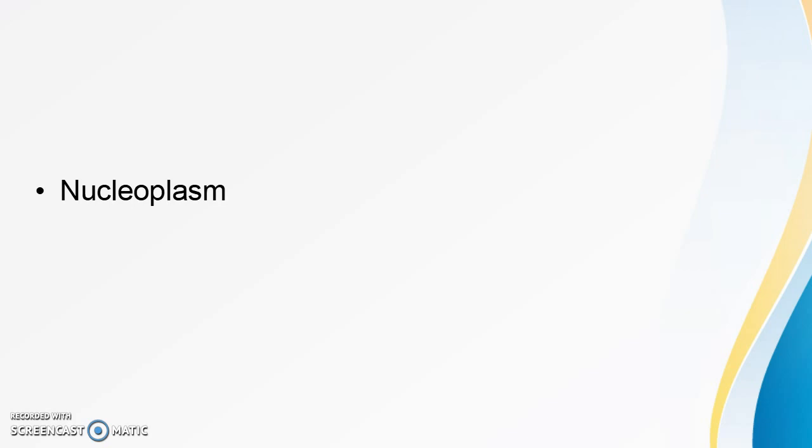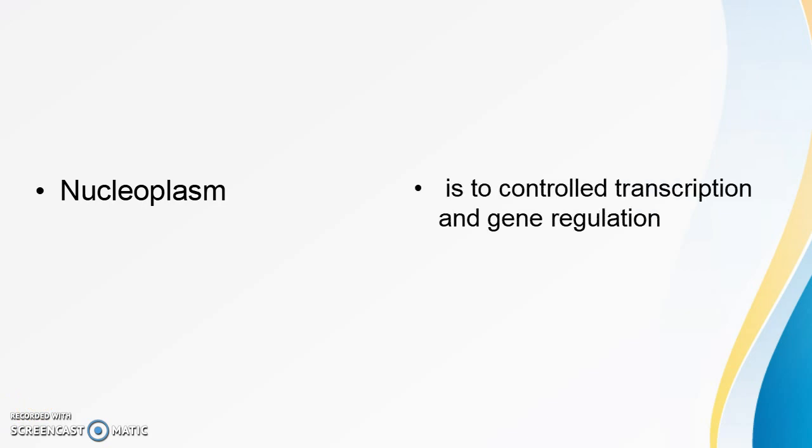Nucleoplasm is a type of protoplasm that is composed of thick fluid and constitute fiber made up of DNA that are usually found in the nucleus of eukaryotic cell. Its function is to control transcription and gene regulation.